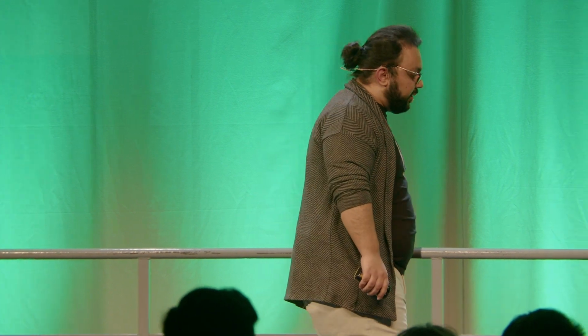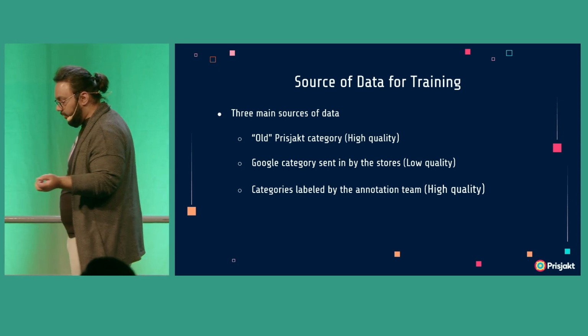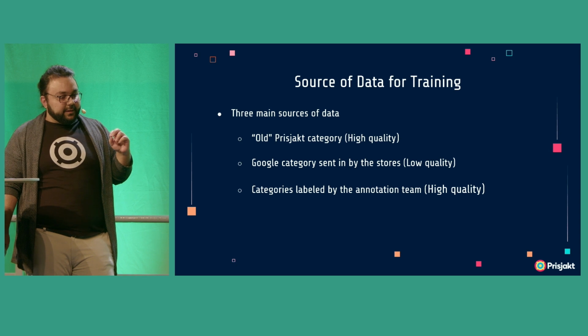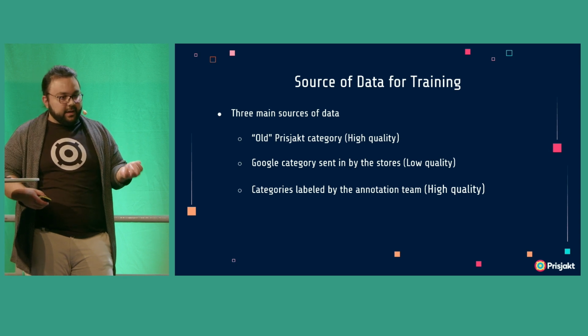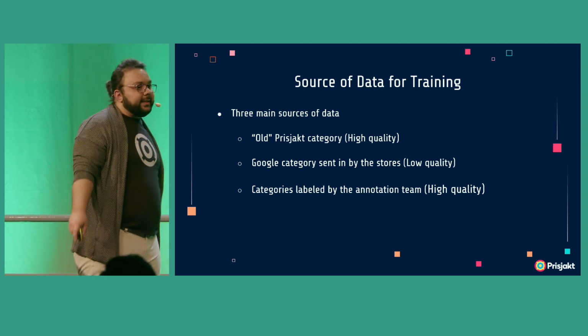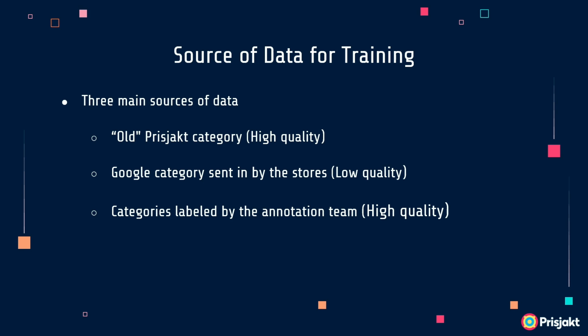We have different sources for our training data. So we have mapped the categories, we have the data that we want to train on, but now we want to start looking at the data that we have from different sources. The first source was the old PrisCheck category that you see on the website as well.